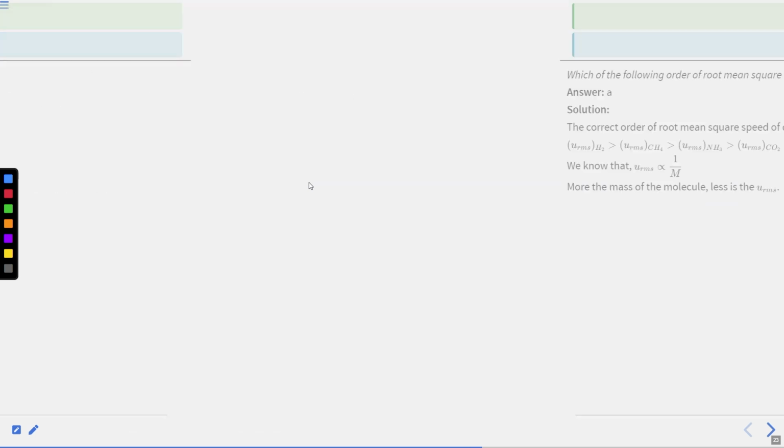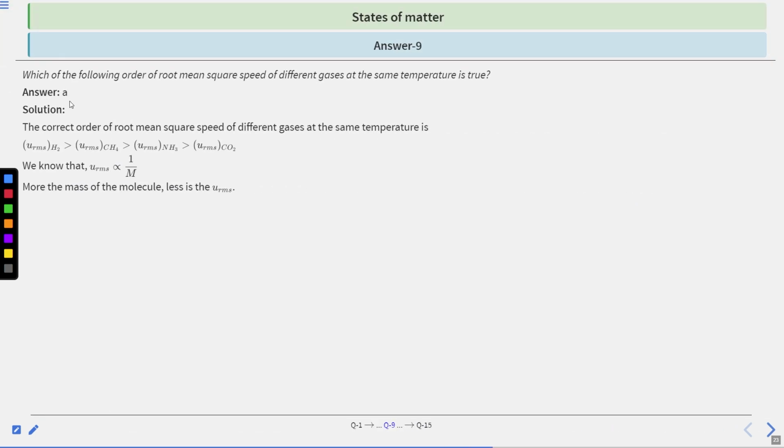Okay, so the correct option is option A. The correct order of root mean square speed of different gases at the same temperature is given by this. The highest is H2, then CH4, then NH3.